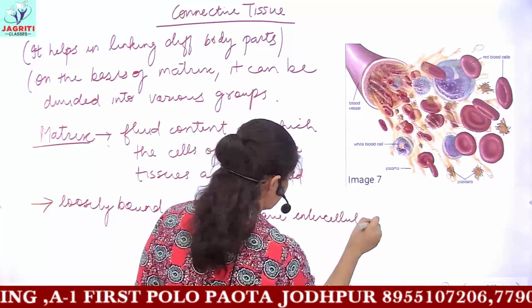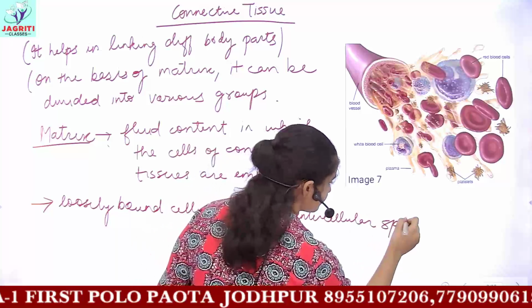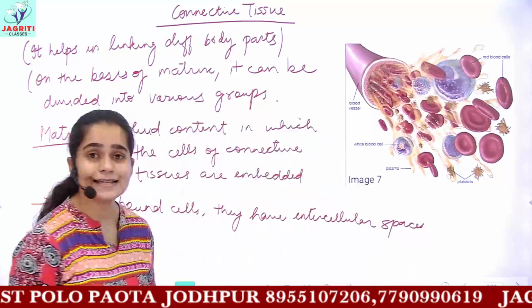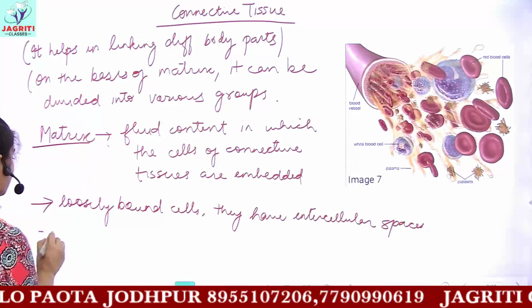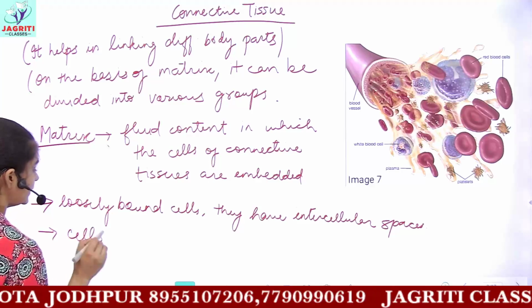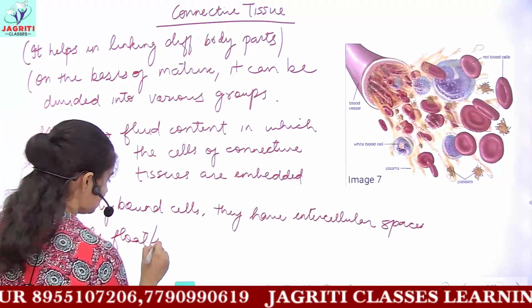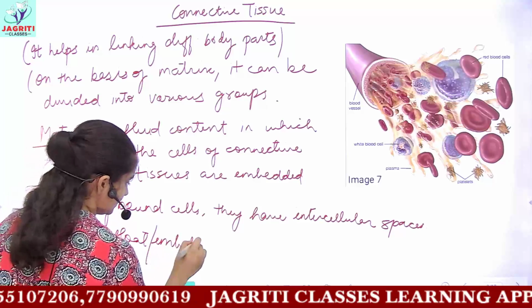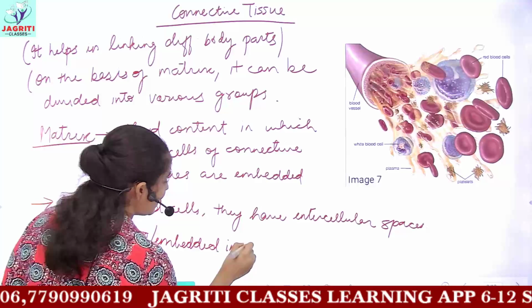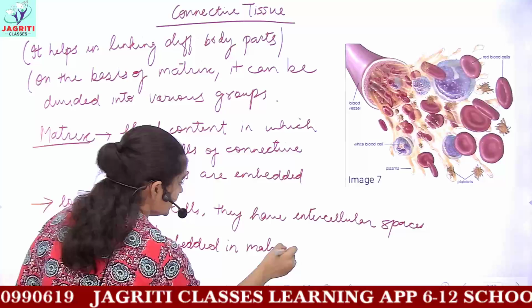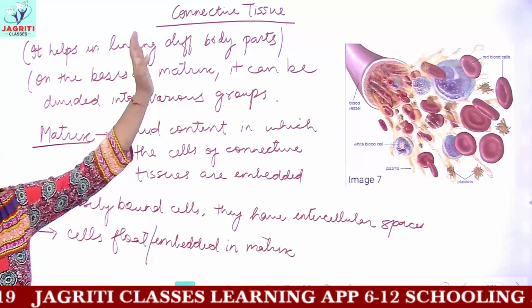And because they have intercellular spaces, we can say that the cells of connective tissue float or are embedded in matrix.